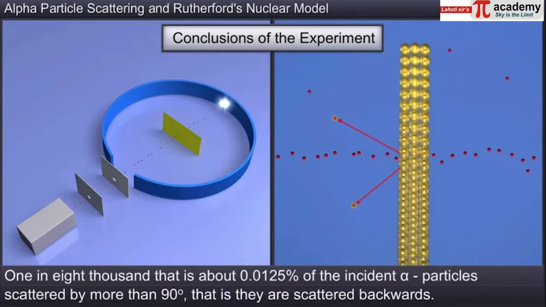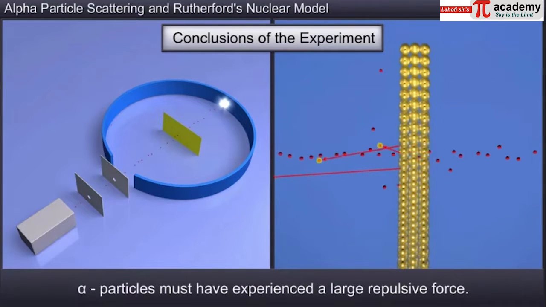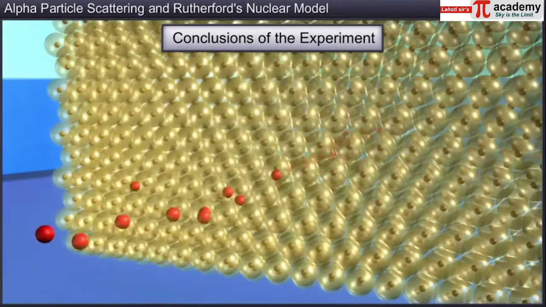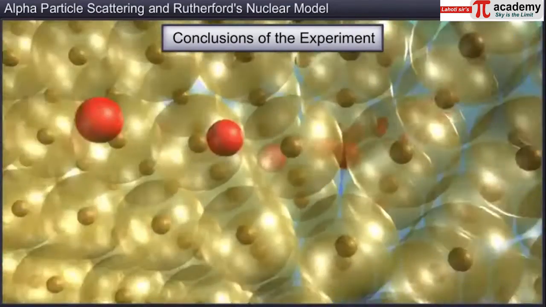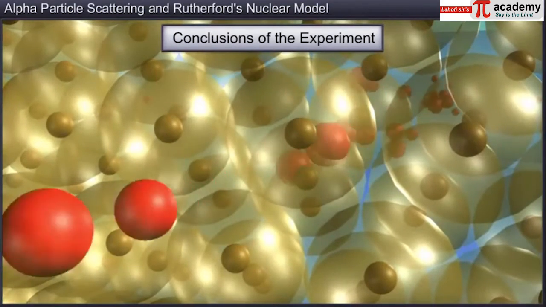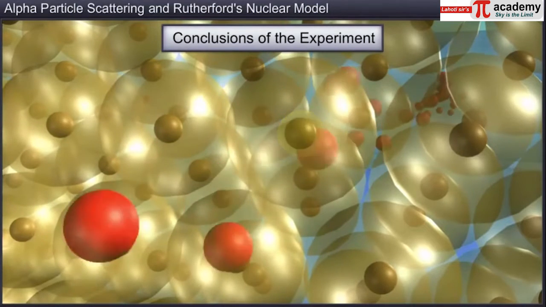that is about 0.0125% of the incident alpha particles scattered by more than 90 degrees, that is, they scattered backwards. For this to have happened, such alpha particles must have experienced a large repulsive force. This would be possible only if most of the atom was empty and its entire positive charge was concentrated tightly at the central part called the nucleus.